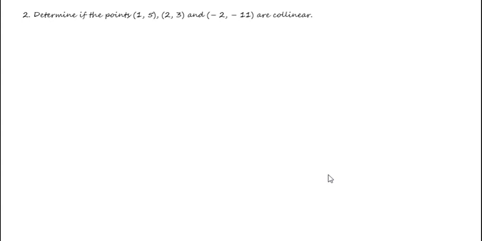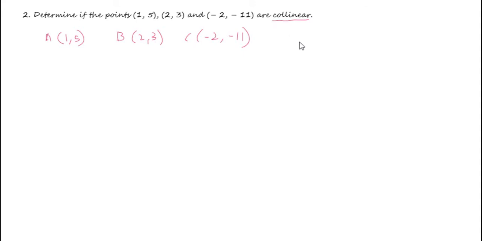Second exercise, determine if the points A, that is 1, 5, B, 2, 3, and C, minus 2, 11, are collinear. Collinear means all are in the same straight line. How will we determine that?